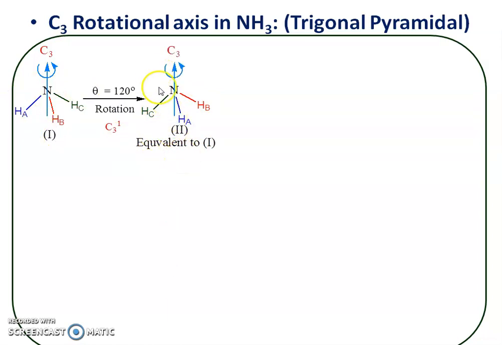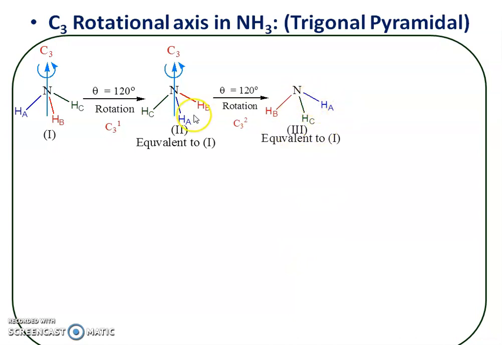Now again this molecule is rotated through this axis, this is C3 axis, and when rotation is carried out through 120 degree, that is theta is equal to 120 degree, this step is represented by C32, that is C3 axis and second rotation. After rotation, again this A will take position of B like this.